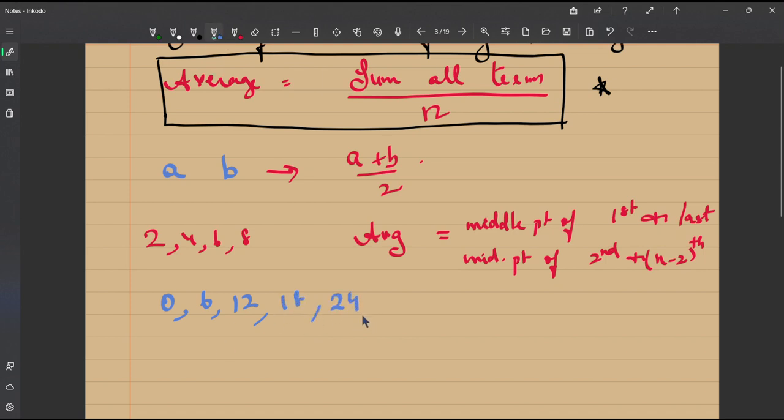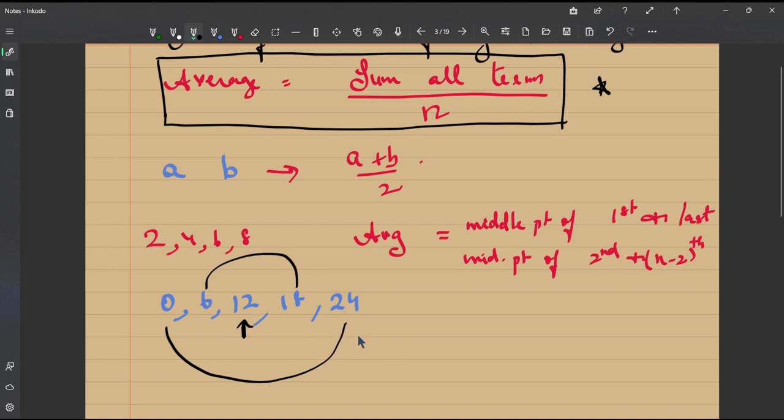Why don't you take your pen and paper and try to find the middle point of 0 and 24. Place it on a number line if you want further clarity. Try to find the middle point of 6 and 18, the second and the (n minus 1)th term, and even the midpoint of 12, the third term.